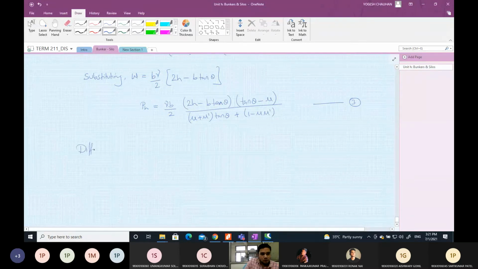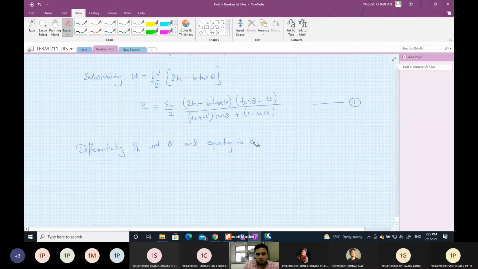So differentiating pH with respect to theta and equating to 0, so that is for maximum value.